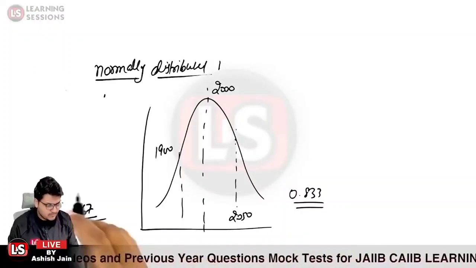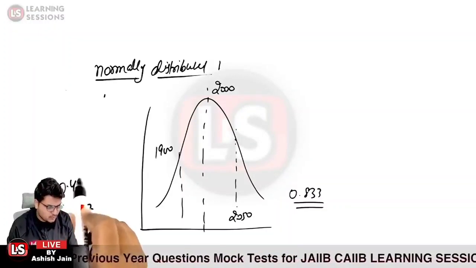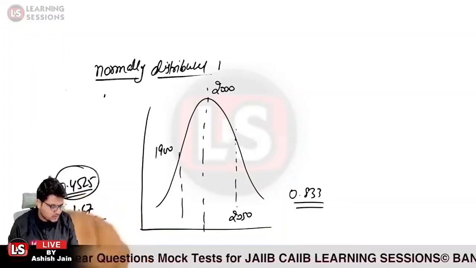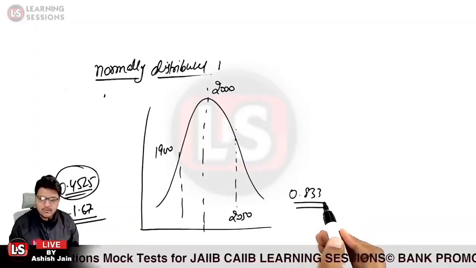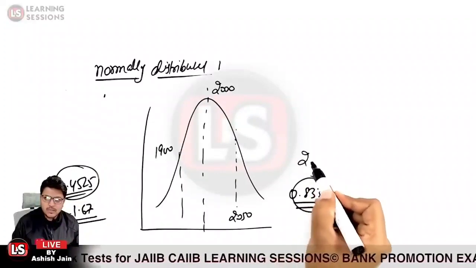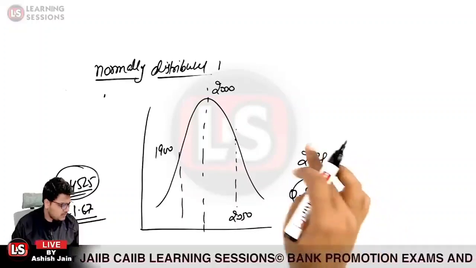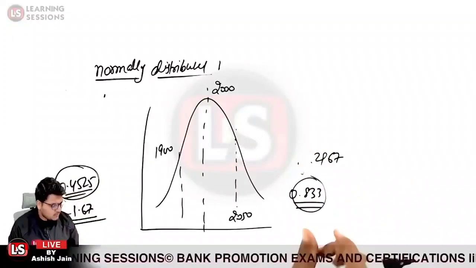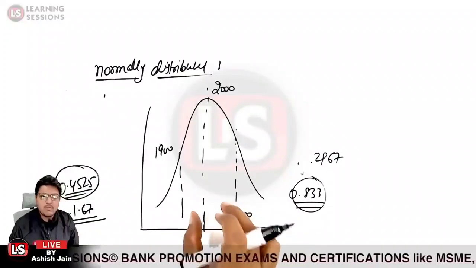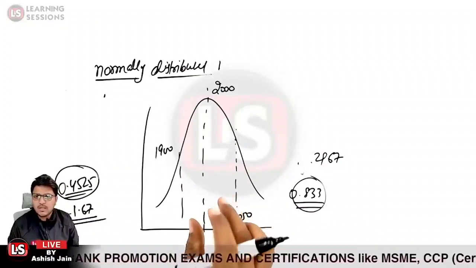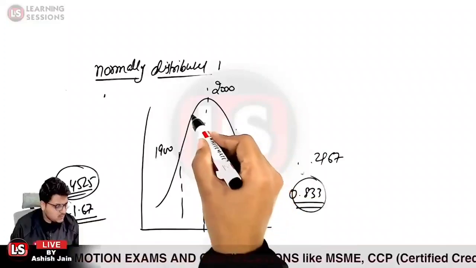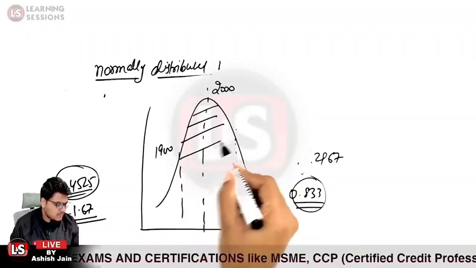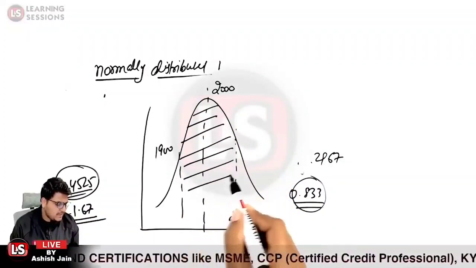So for 1.67 we got the value 0.4525, and for 0.833 we got the value 0.2967. Further we want to capture the region in between. That is why we will be adding them up.